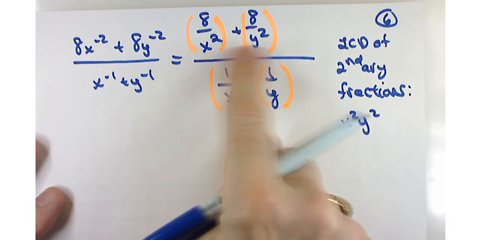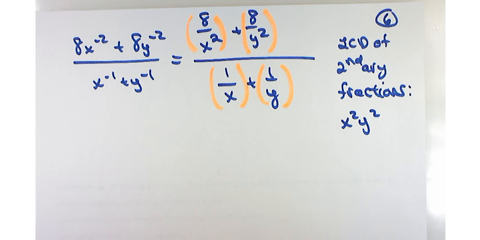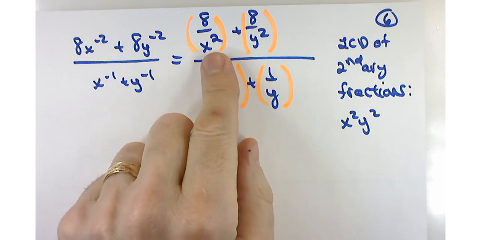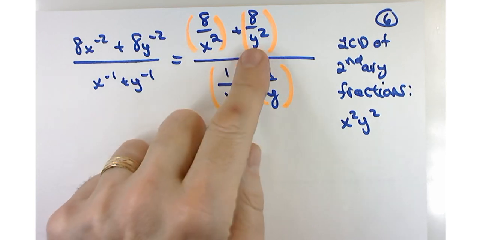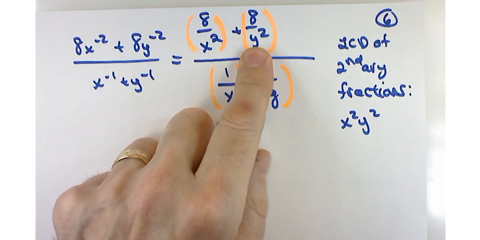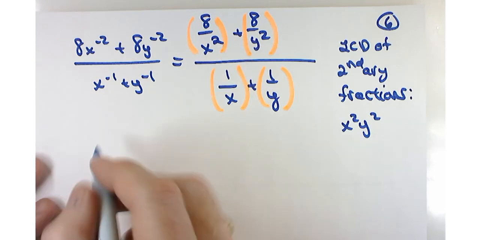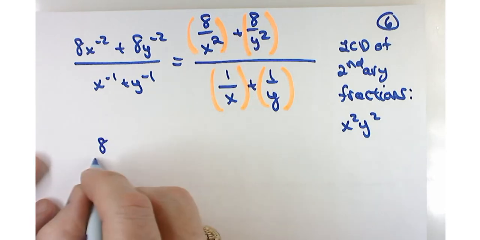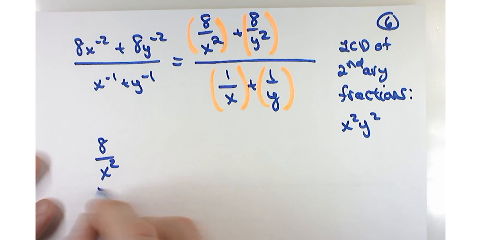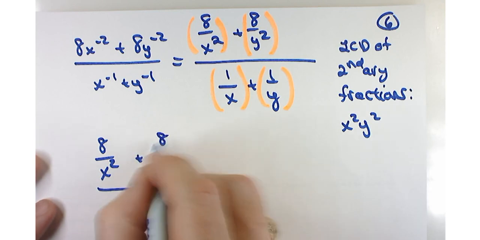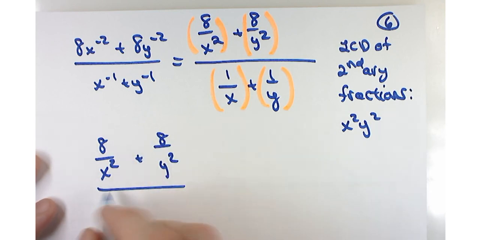You just need the highest power of each factor that you see. There's factors of x, there's factors of y, but the highest power is an x squared. Highest power of the y's is a y squared. So that's our LCD. So 8 over x squared plus 8 over y squared, and then 1 over x plus 1 over y.